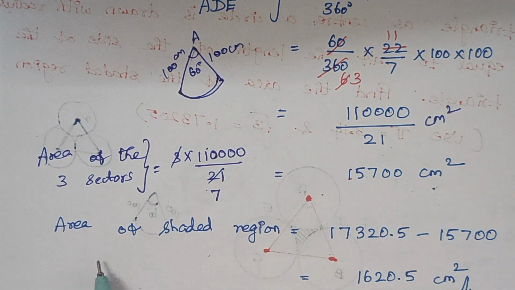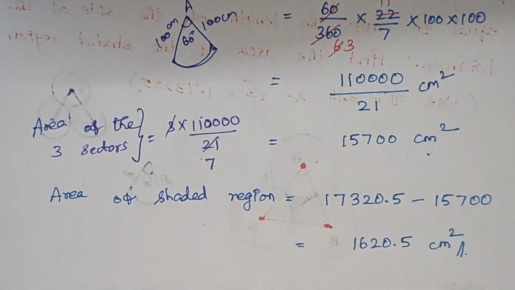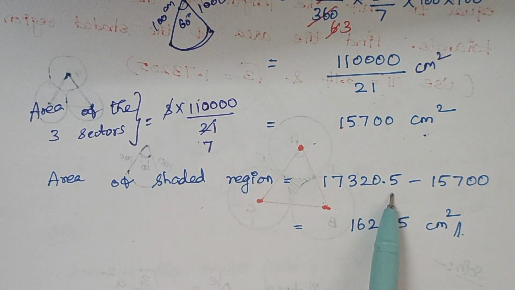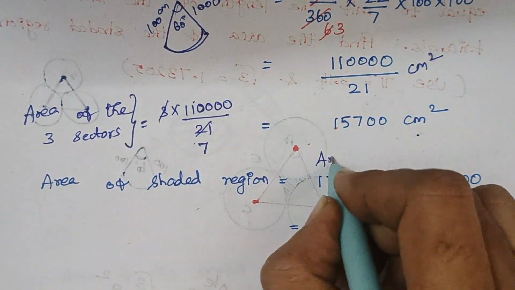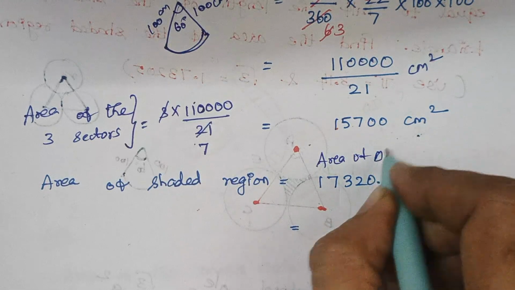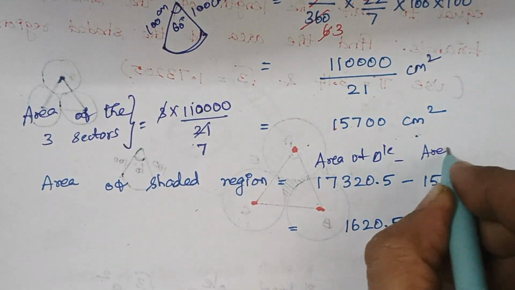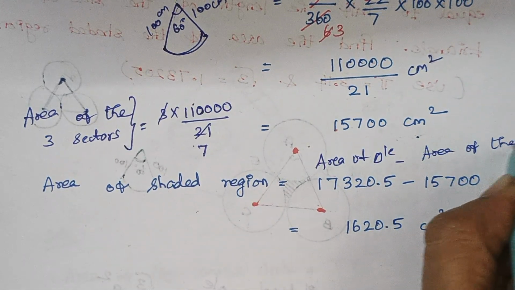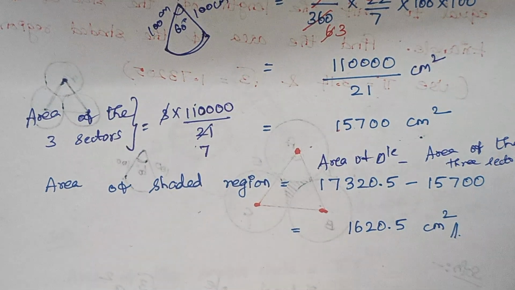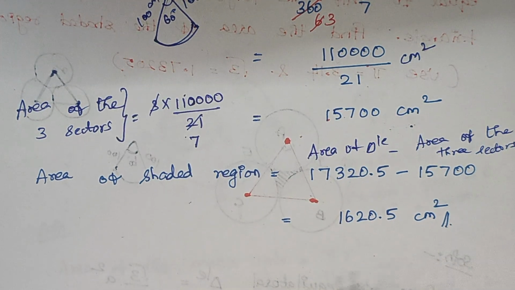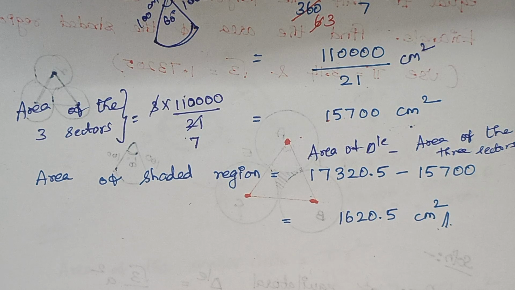So the area of the shaded region is given by the area of the triangle minus the area of the 3 sectors. Finally we end up with the answer as 1620.5 centimeter square, right?